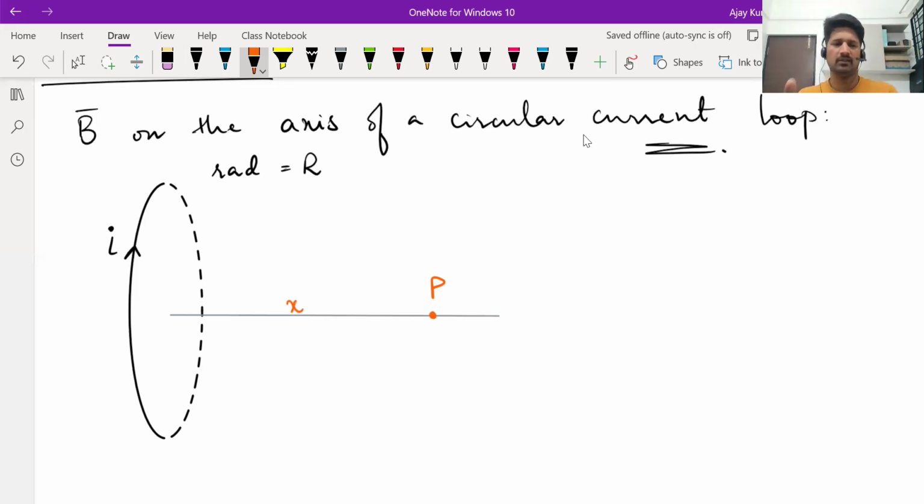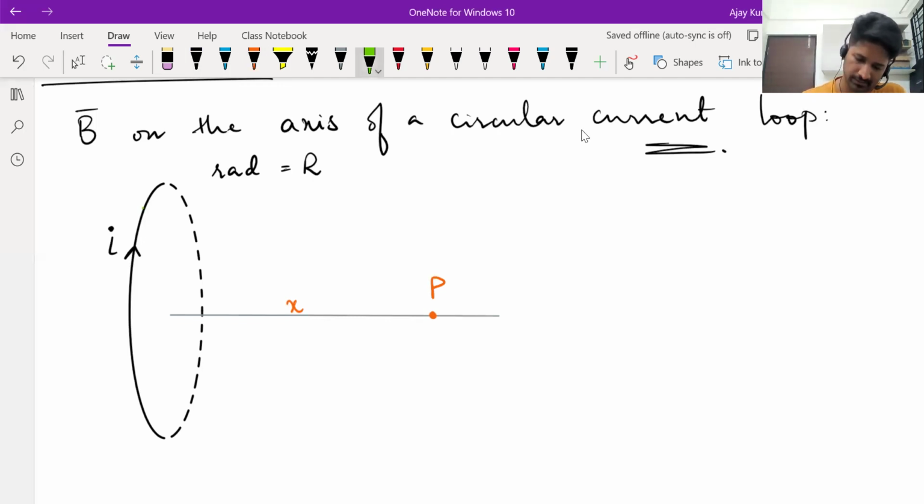See why I'm explaining all this, it's obvious. But when you see a new situation also, this is how you are supposed to think. Can the new system that is given to you be considered as a collection of systems whose results we already know? If not, you have to go to the basic method of taking it as a collection of elements. Okay, let's visualize one current element on this loop now.